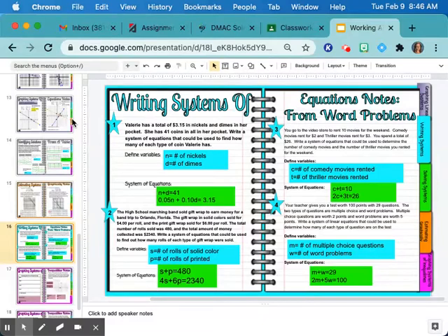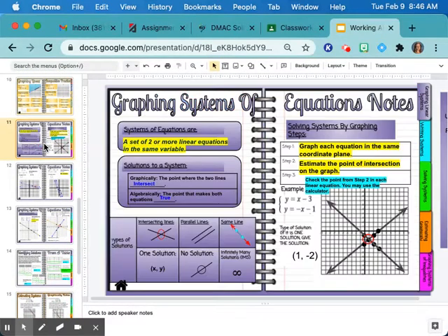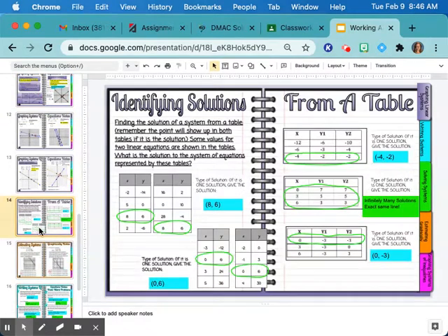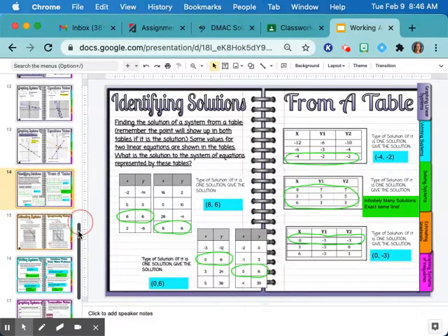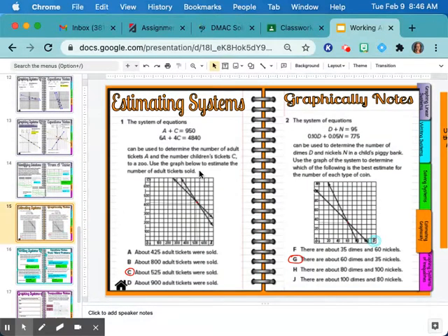So the ways that we've learned to solve so far, just a little review, is by graphing and finding their intersection point. Then the next way we learned how to solve was by looking at the table where they are the exact same x and y value. So we really only know about graphing them and looking at the table.